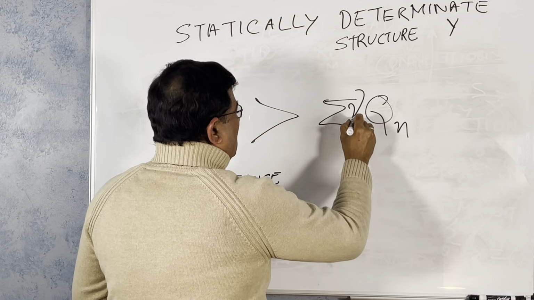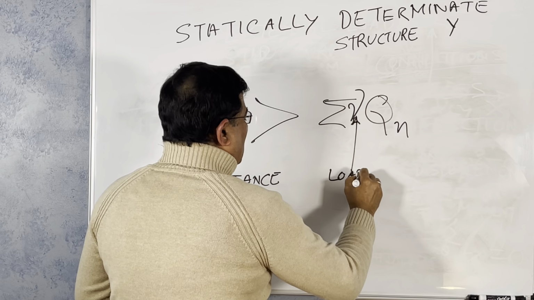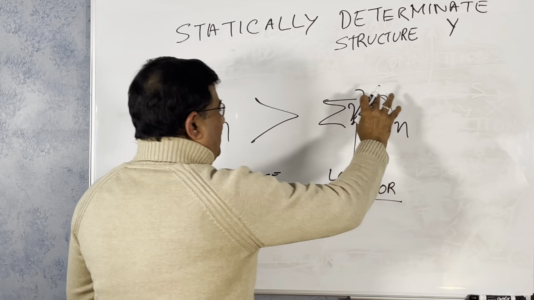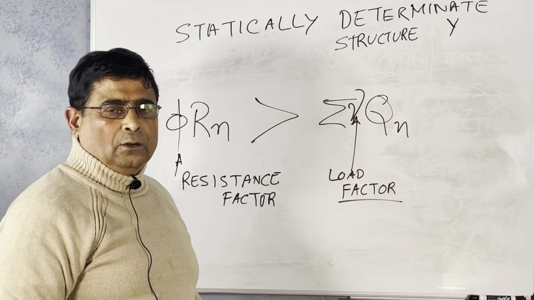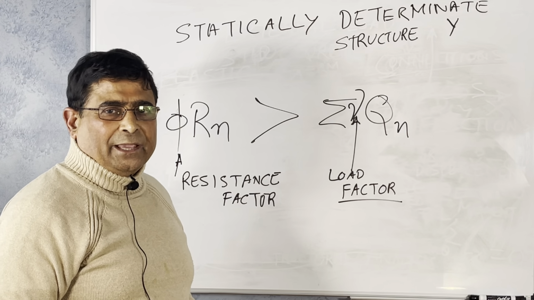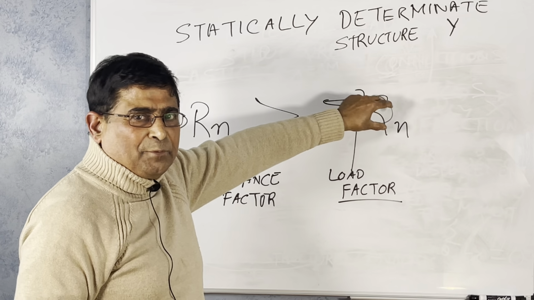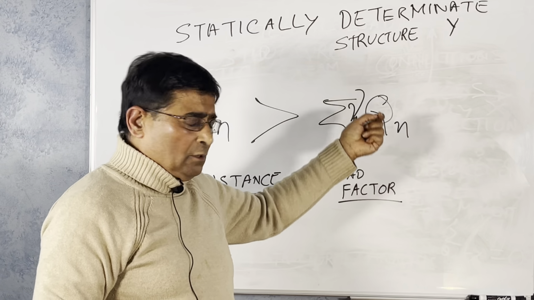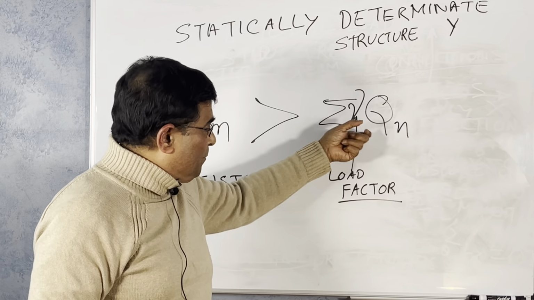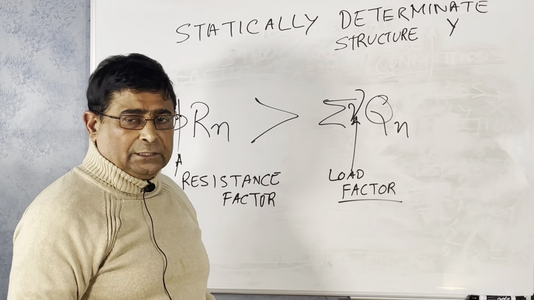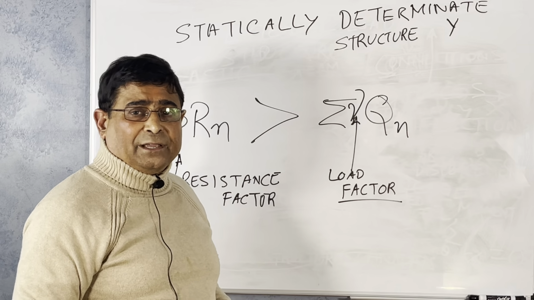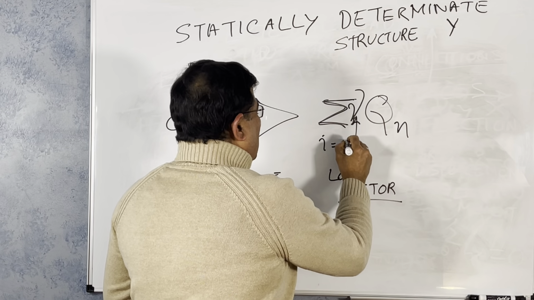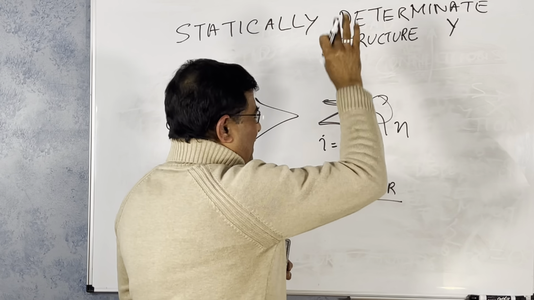Whatever action comes from the loads, that is, the member forces developed because of the external forces, the torsion, moments, shear, axial force, we multiply by a load factor. Most of the time it is bigger than one, and it is a summation, sum over i equals 1 to L.